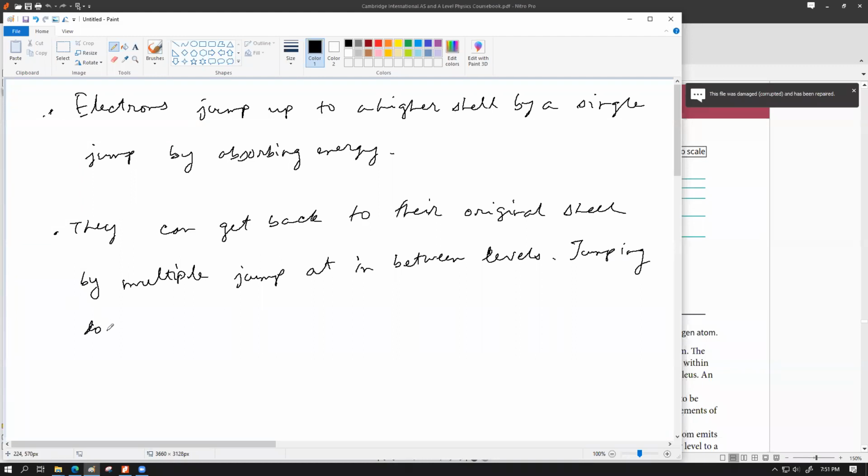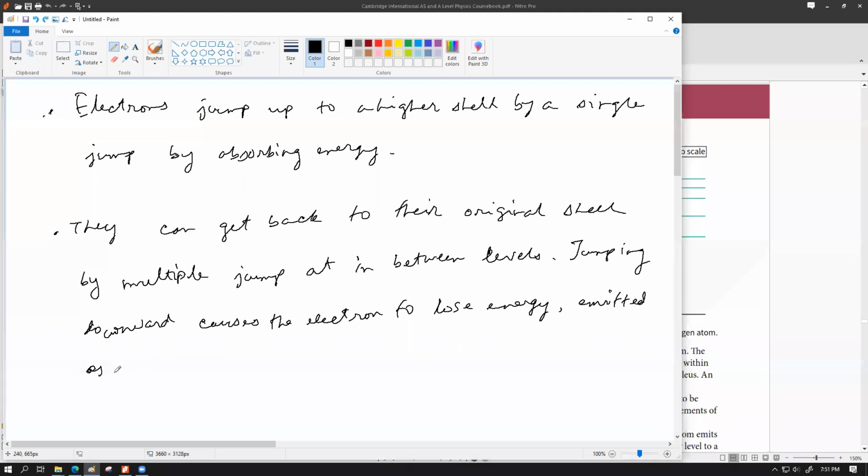Jumping downward causes the electron to lose energy, emitted as an EM wave slash photon.